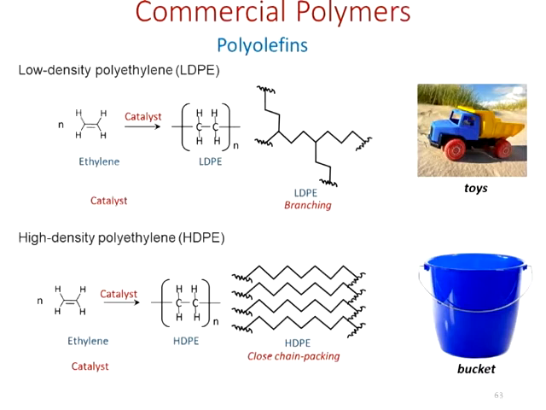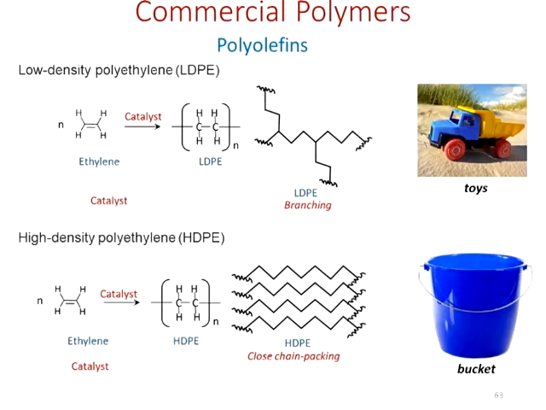Okay. So if you take a look at low density polyethylene, low density polyethylene is made with a catalyst, takes ethylene and polymerizes it, okay, and we take these catalysts, and you would get the low density polyethylene. And these catalysts can be any of the regular catalysts that we talked about, any of the radical polymerization catalysts or the Ziegler-Natta catalyst.